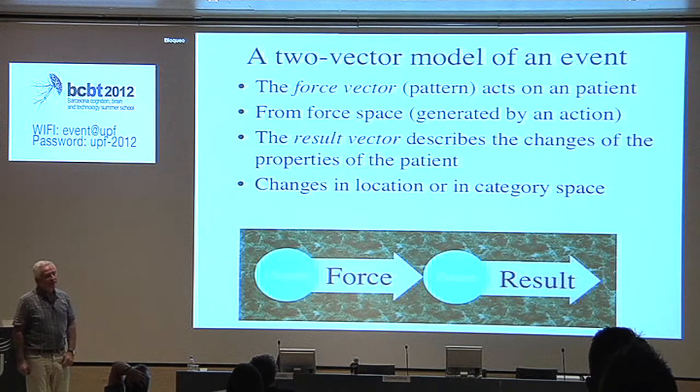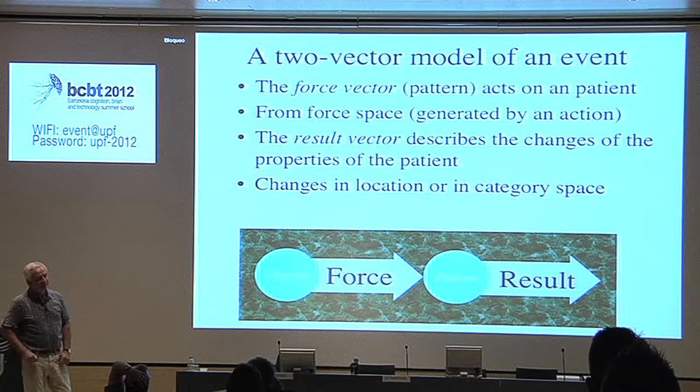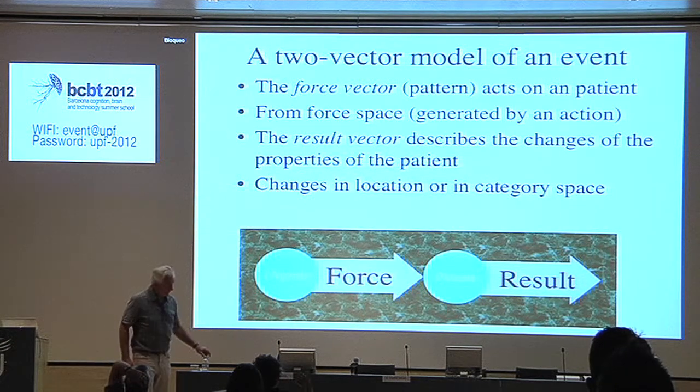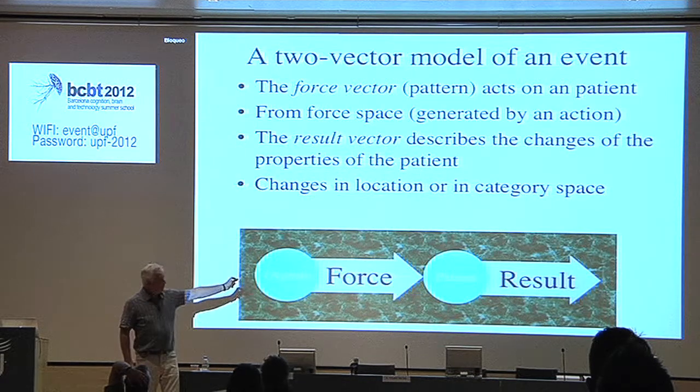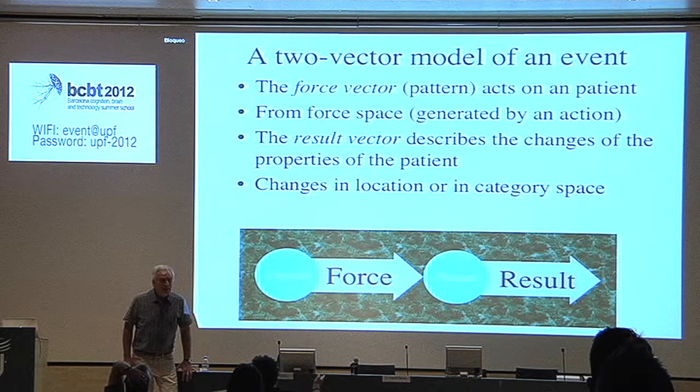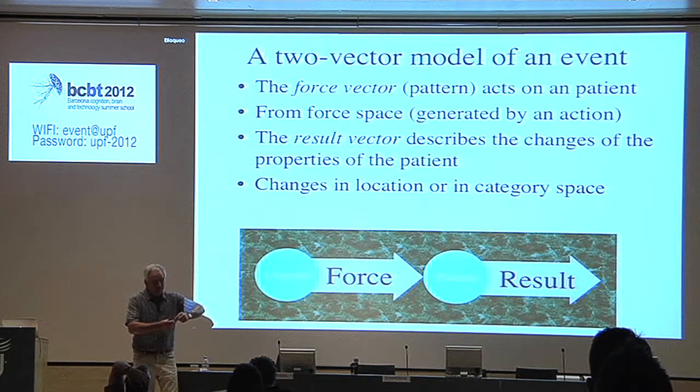Yeah, but Peter, then I'm back where I was a few minutes ago, that the only distinguishing feature in your definition of an event is that there's a patient. No, there must be either a force vector or a result vector. They can be null, but the result vector is 0, so it's not there. But still, it's still there. It's a point in a space. It's a vector that points to itself. No, it doesn't mean 0.